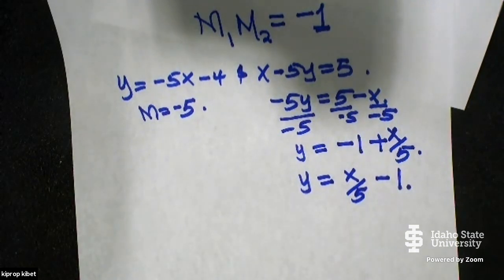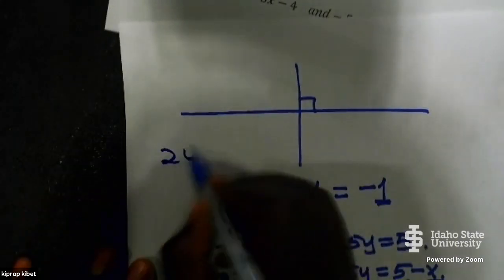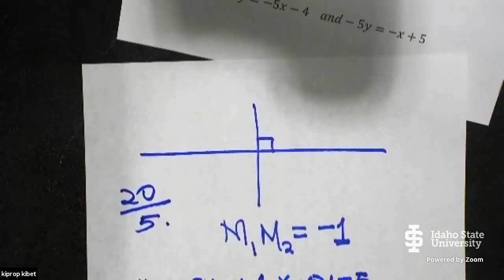So I noticed something with some of you here. What is 20 over 5? 4. What is 20 over 4? 5. Some of you don't know what 20 over 5 or 20 over 4 is.